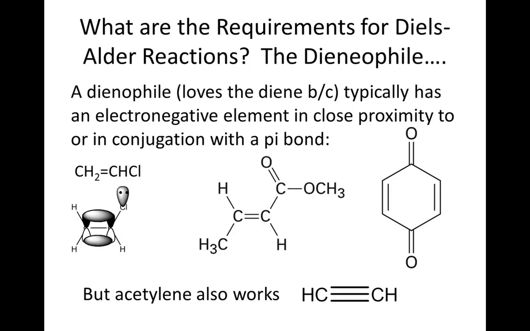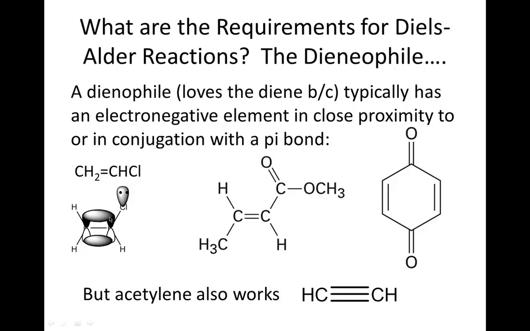The other thing that you need is called a dienophile, and that means something that loves the diene. And there's generally going to be some electronegative element in there that's close to a pi bond. So the other guy needs a double bond, just a double bond, although it could have more. And so in this case you've got a chlorine atom, and so I've drawn that out a little bit.